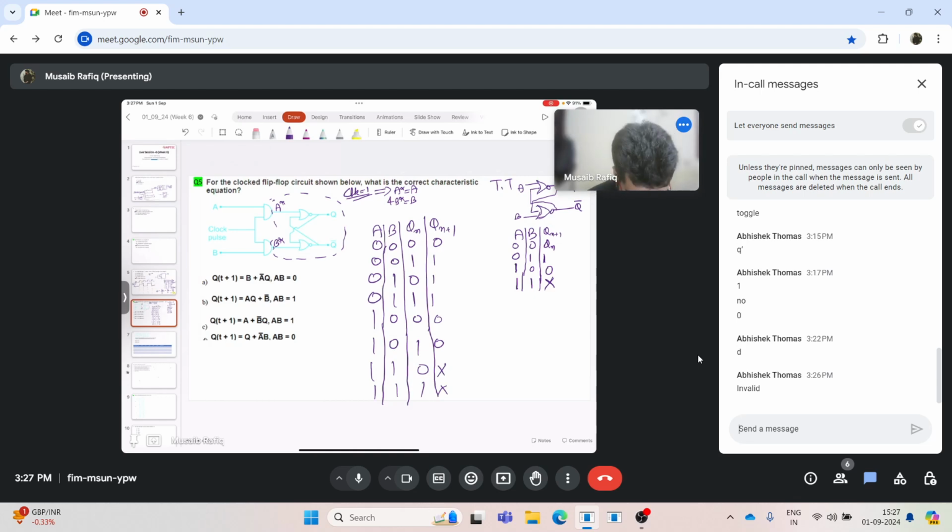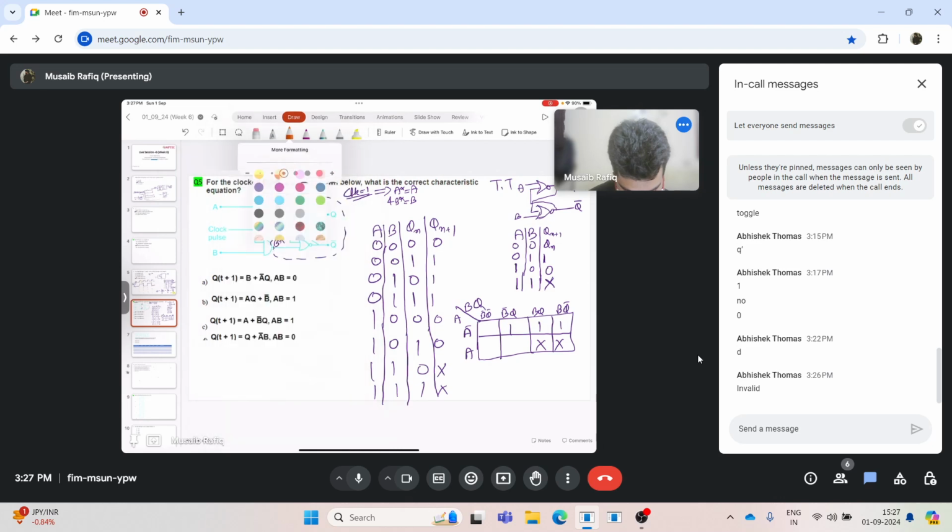Right. Now I'll draw a K map for three variables. Which are those three variables? It's A, it's B, and it's Q, right? Qn plus 1 and Q are the same thing. So this is A bar, this is A, this is B bar Q bar, B bar Q, BQ, BQ bar. So this is 1, 1, 1, and then we have don't cares here, right? Now let's see how we can minimize them.